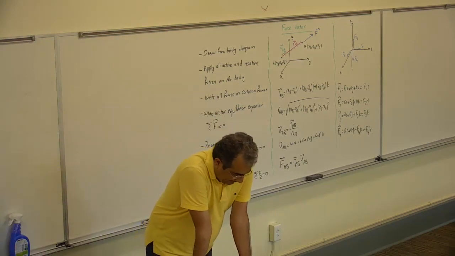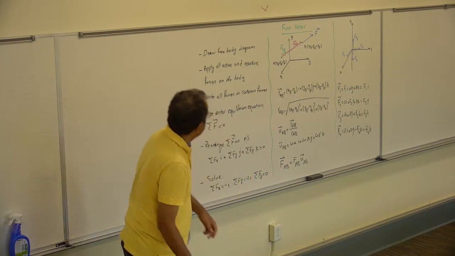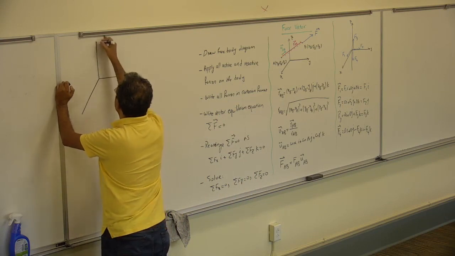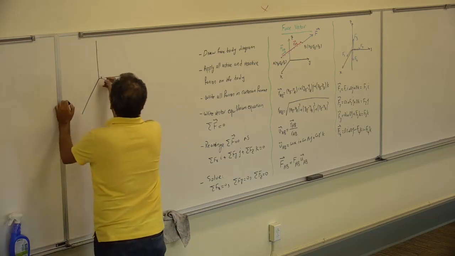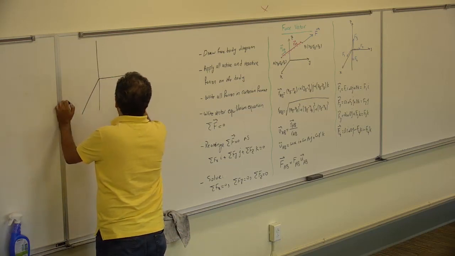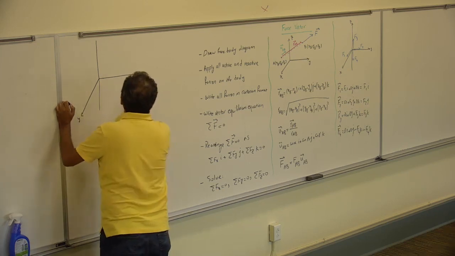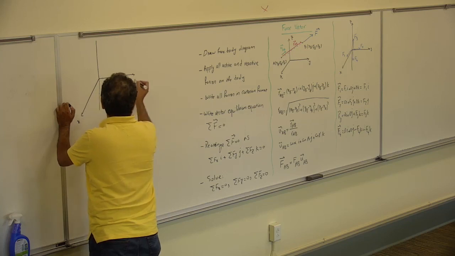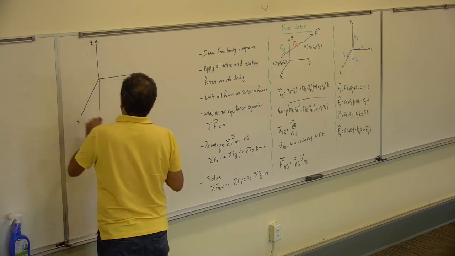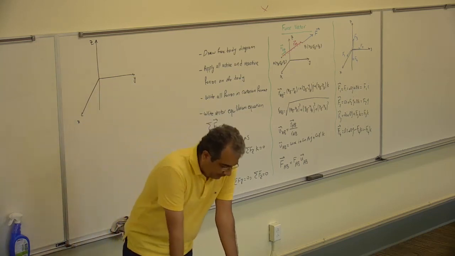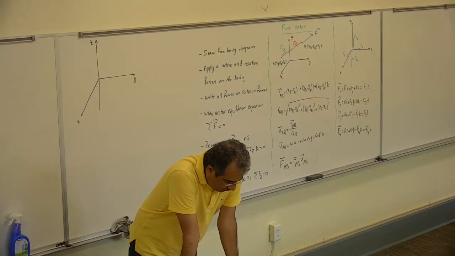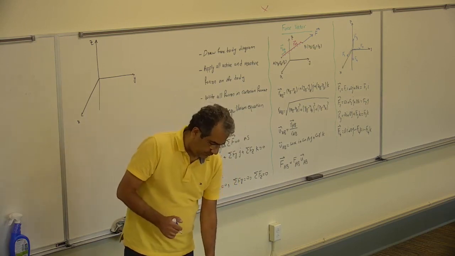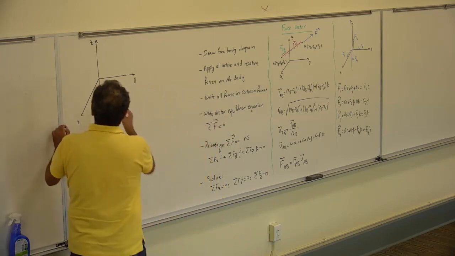Let's look at an example. So we have x, y, z. There are going to be points.